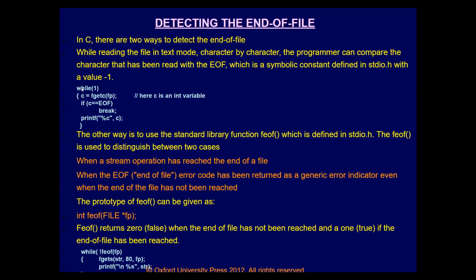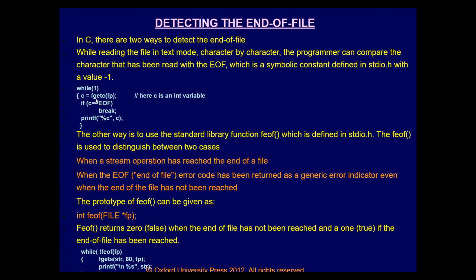So what happens here in this while(1)? The loop starts and reads a character from the file pointed to by fp. Here c is an integer variable.